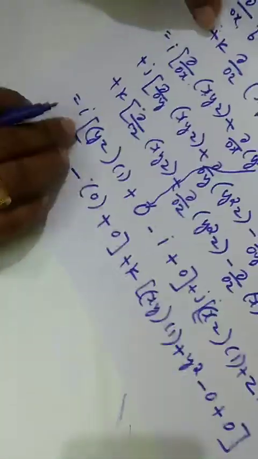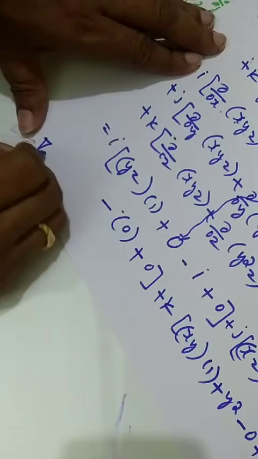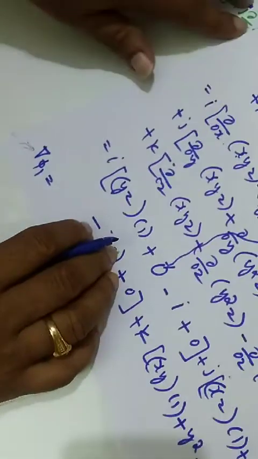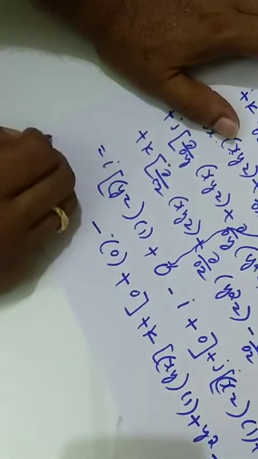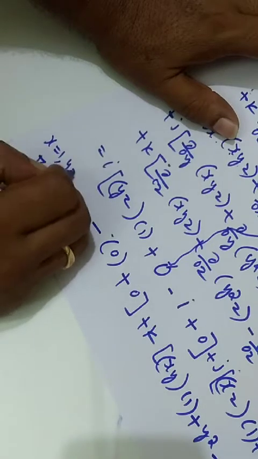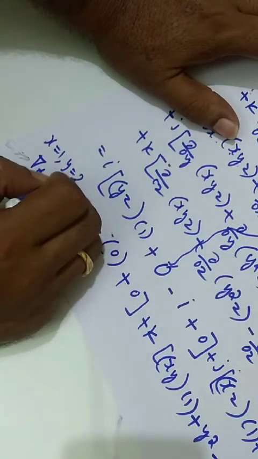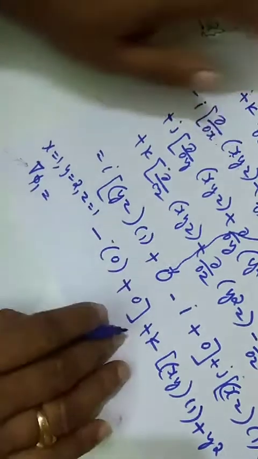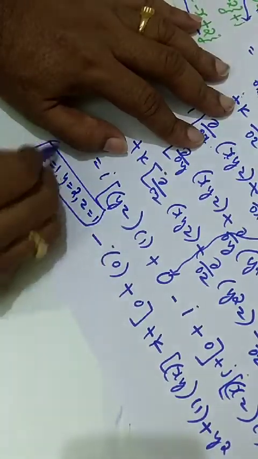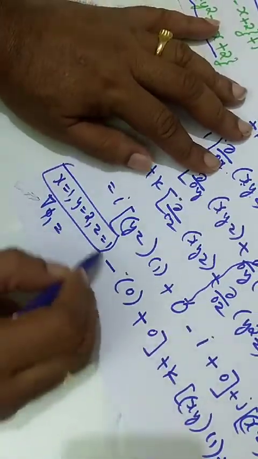These are the things I am getting. So i into yz. Now here in del phi 1, I have to substitute x is equal to 1, y is equal to 2, z is equal to 1.